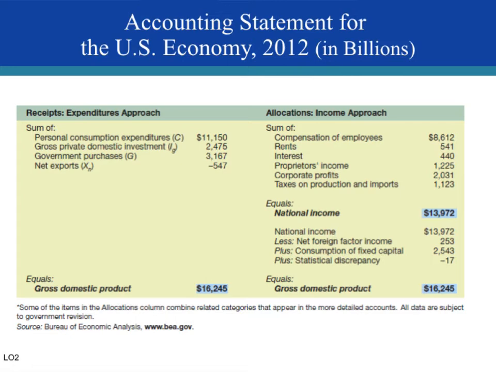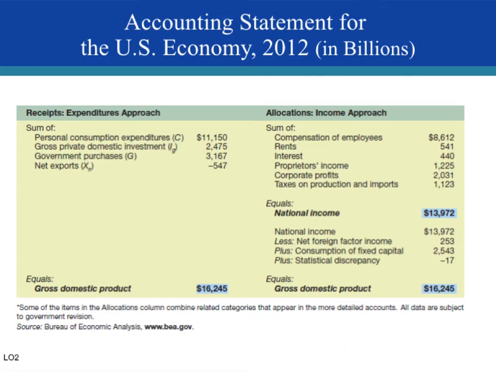Not all countries around the world have 70% of their GDP depending on personal consumption expenditures. Then we have domestic investment, and government purchases, which is slightly bigger than domestic investment, and then net exports. The U.S. has negative net exports, meaning we import more than we export, so it does detract a little bit from gross domestic product.